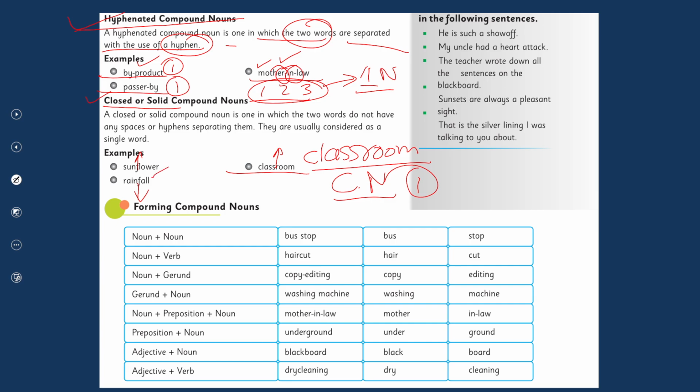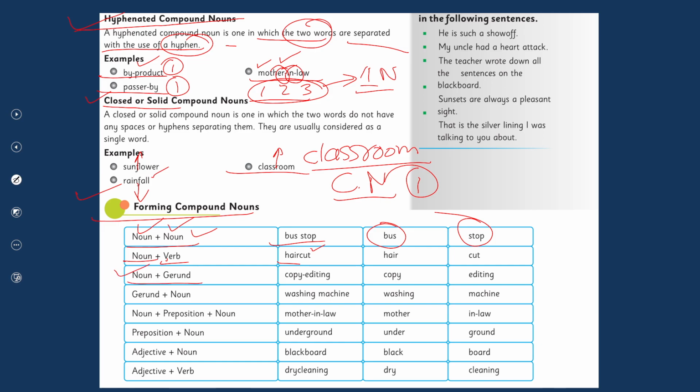Now let's see how we can form our compound nouns. So you can add noun with noun to make a compound noun, like the word bus stop, bus and stop. You can add noun with verb. Here is the name of the thing that is on your head, but cut is the verb. So noun plus verb can also be added.